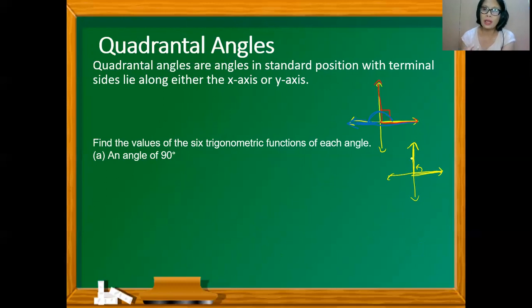Now we're going to select any point on its terminal side. Of course, we're going to consider the lower values of x and y. So we can select the point 0, 1.